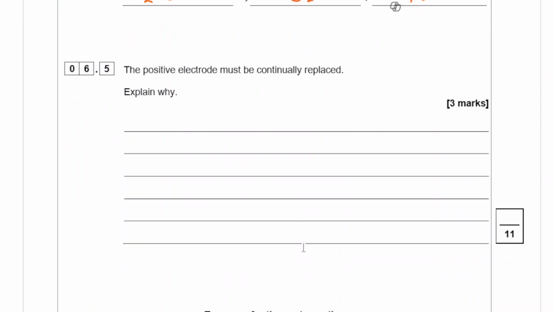The positive electrode must be continuously replaced. Explain why. Now, that's mainly because the positive electrode is made of carbon or graphite. Let's say it's graphite, which is carbon.